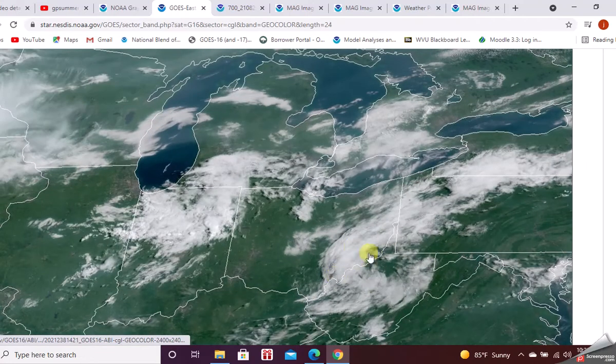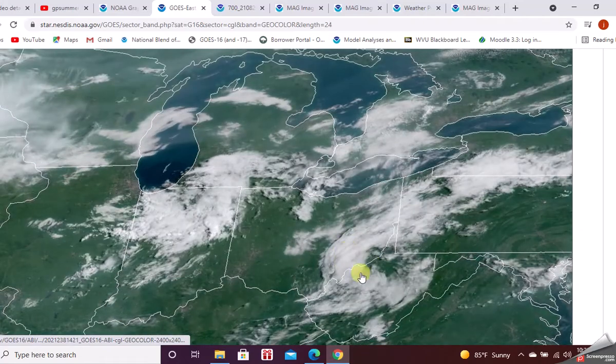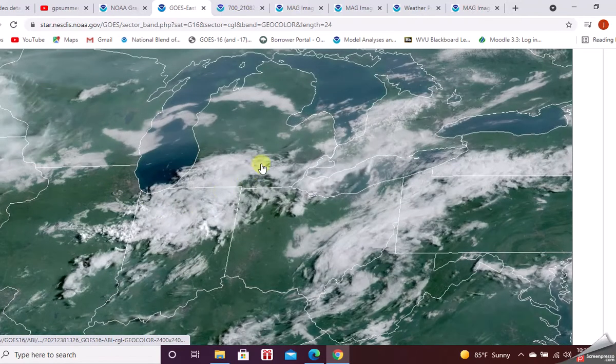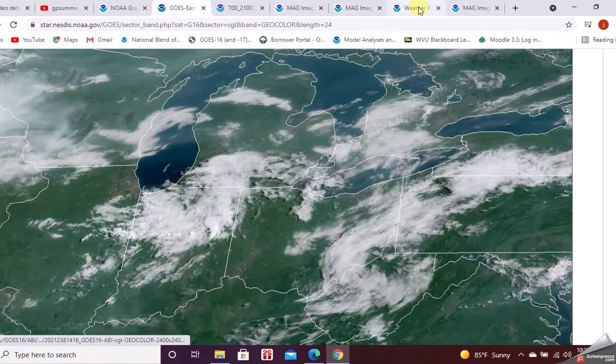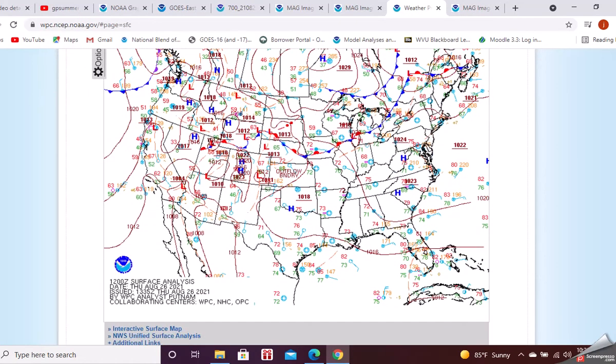It looks like there's some kind of a disturbance in the upper level right here, and probably in this area as well. So with that, looking at the surface map at the same time, I've got a cold front, well, almost a stationary front to the north of my area.